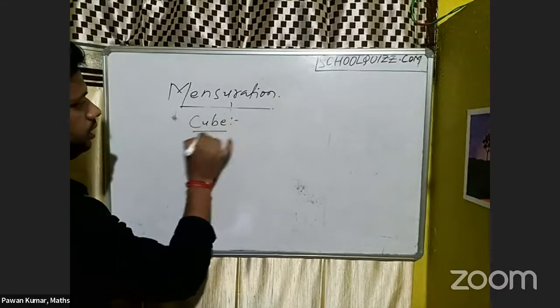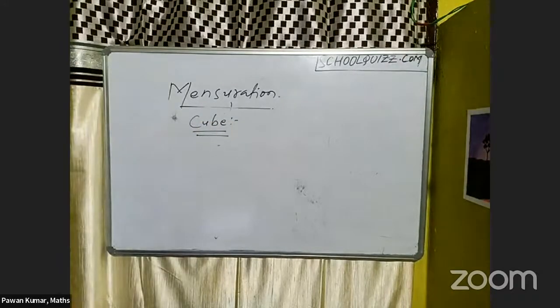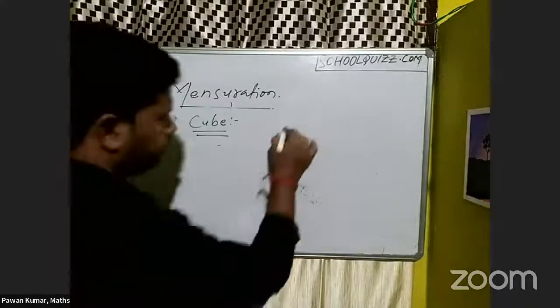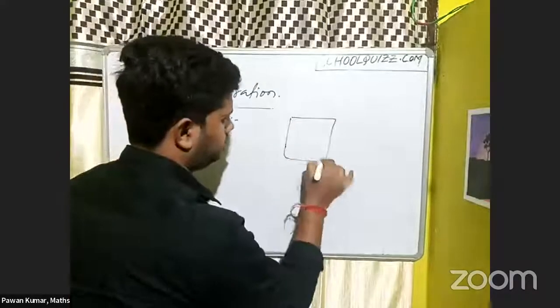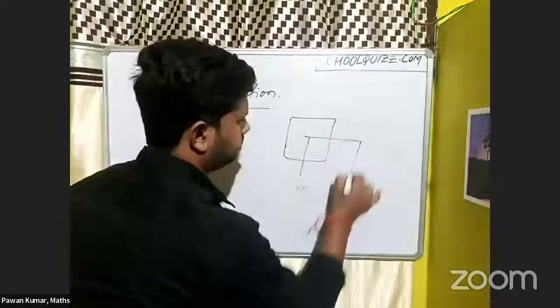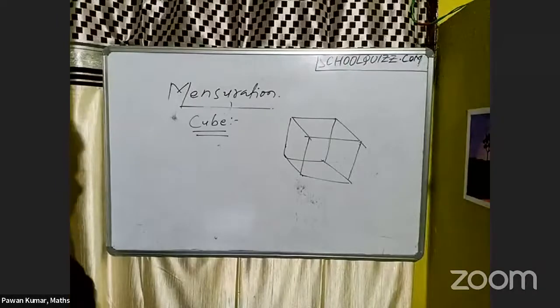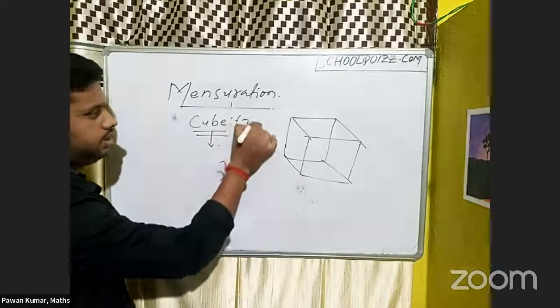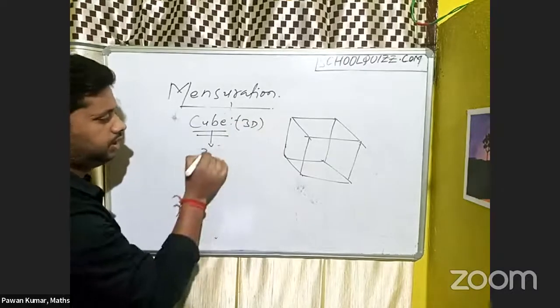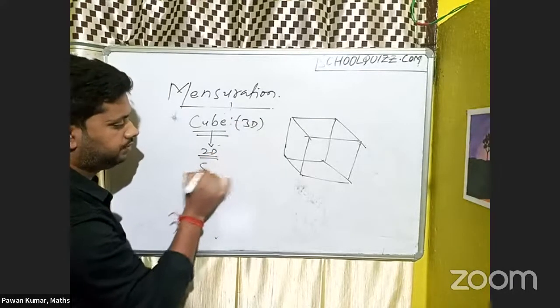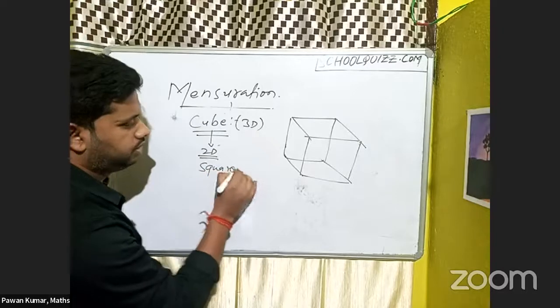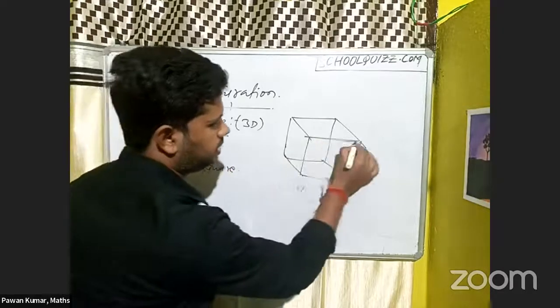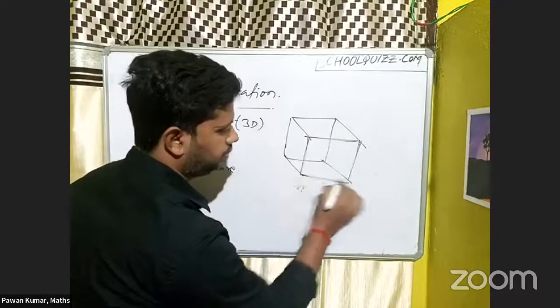So in the cube, we know how many faces are there? Yes, sir. Six faces are there, correct? If I'm saying cube, this is a 3D structure. If I say 2D, we can call it a square, which has the same length of side.